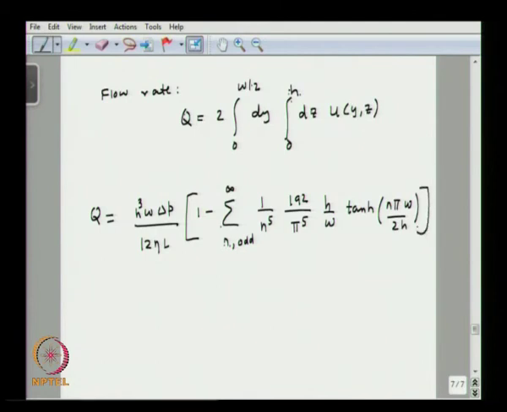Okay. So, that is the expression for the flow rate that we can calculate knowing the velocity field.